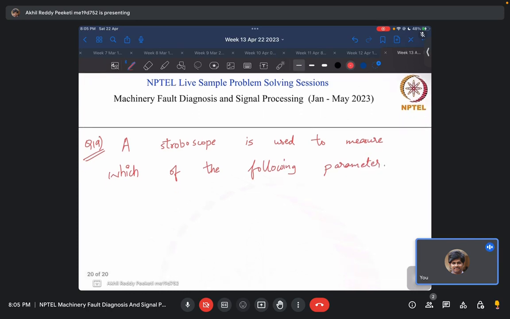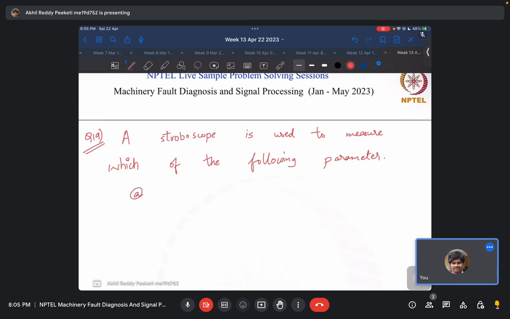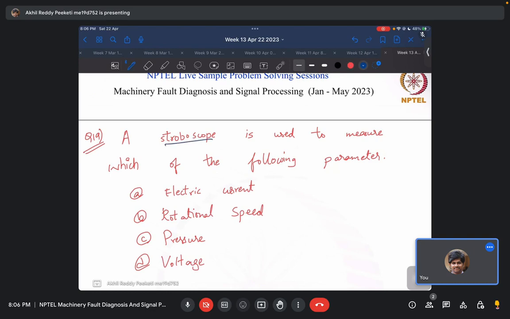Which of the following can be measured using a stroboscope? A stroboscope is actually used to measure the rotational speed.